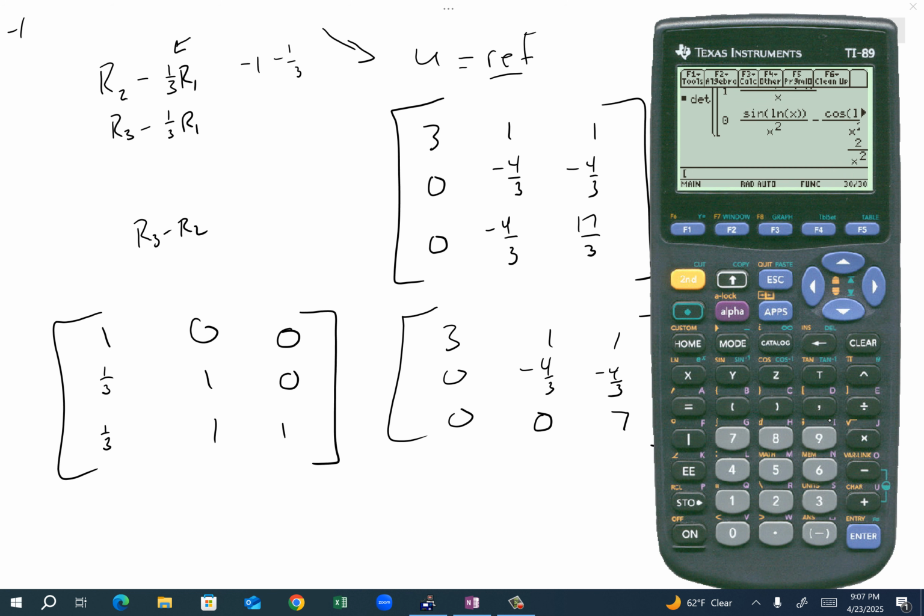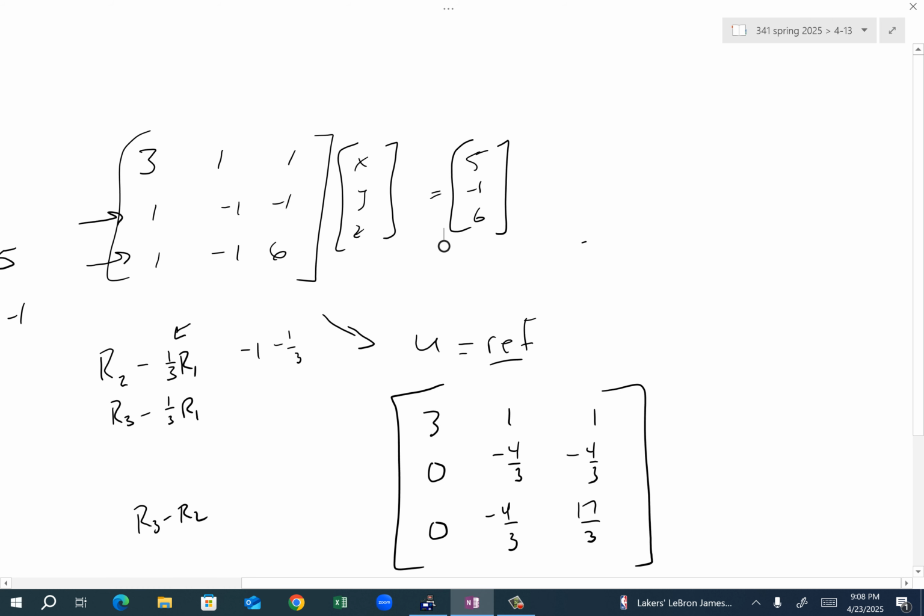And so we're simply going to do this number: 1, 0, 0; 1/3, 1, 0; and then 1/3, 1, 1, times 3, 1, 1; 0, negative 4/3, negative 4/3; 0, 0, 7. Hey! Oh! No way!